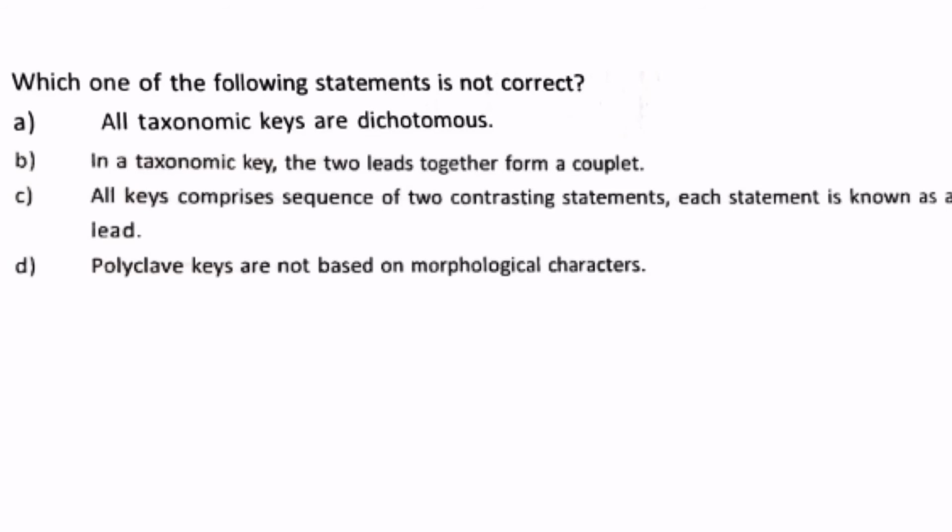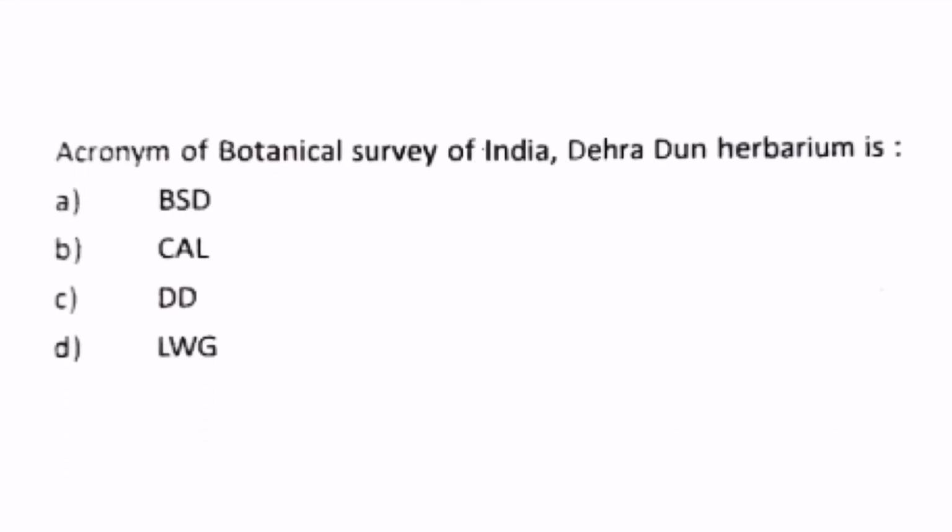Well, among the options, polyclave keys do include different characters, which also includes morphological characters. So therefore this answer is not correct. The fact that they are not based on morphological characters is incorrect.